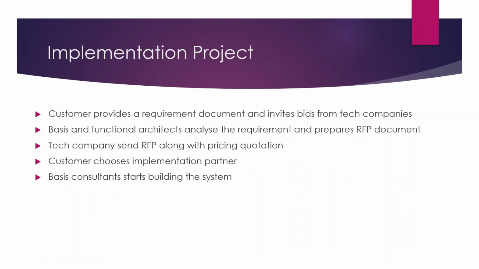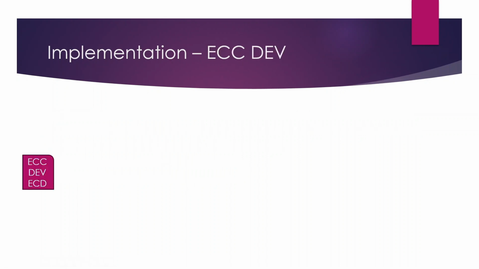Tech companies send the RFP along with pricing quotations, and then the customer chooses the implementation partner among all the offers. Then the project starts and basis consultants start doing the work.